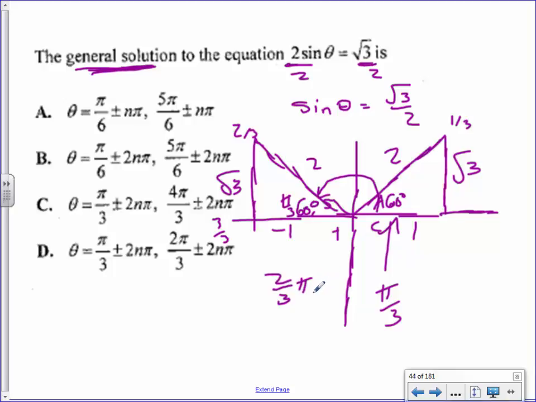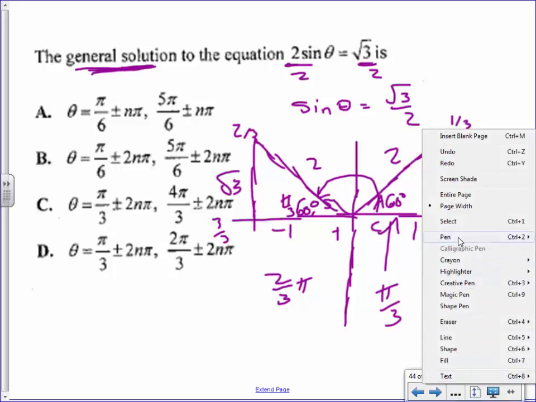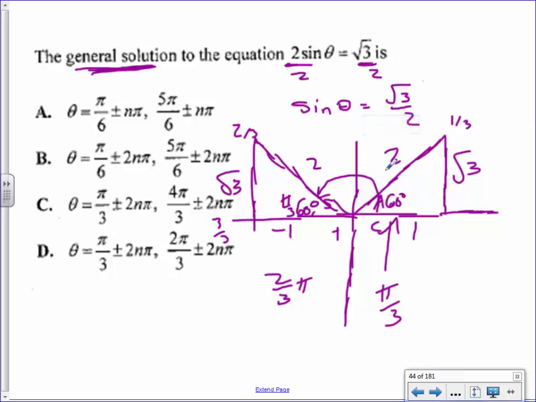That being said, are those the only two answers that work? Well, you could go around the circle more than once. For example, you could go all the way around the circle once and then show up there. What did I do? Well, I took my 1/3 of pi and I added 2 pi. Now, could I go backwards around the circle? Sure. So I could subtract 2 pi.